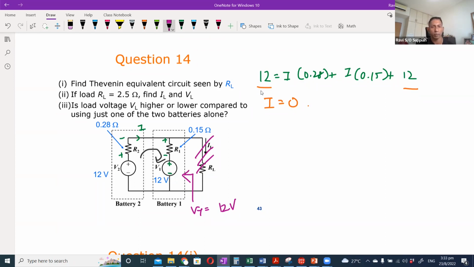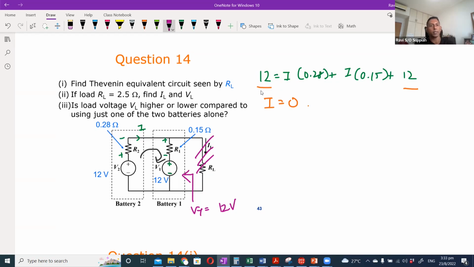So the effective voltage seen would be whatever voltage is left, that is common across the batteries. In this case, since both the voltages are already the same from the beginning, there is no current flow, which means that the Thevenin's voltage is actually the 12 volt.